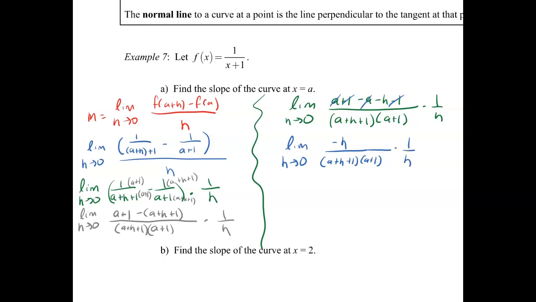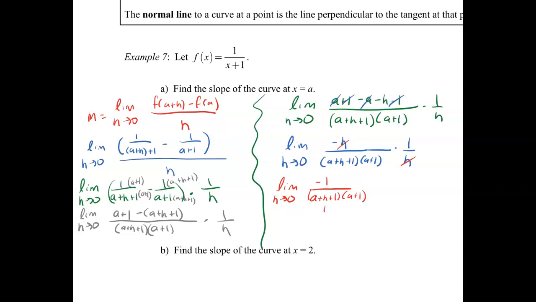I've got an h up top, I've got an h on bottom, so those can actually cancel as well. So h's and h's cancel. I should just get the limit as h goes to 0 of negative 1 multiplying across over a plus h plus 1 times a plus 1. Alright, now I should be able to plug in 0 for h.